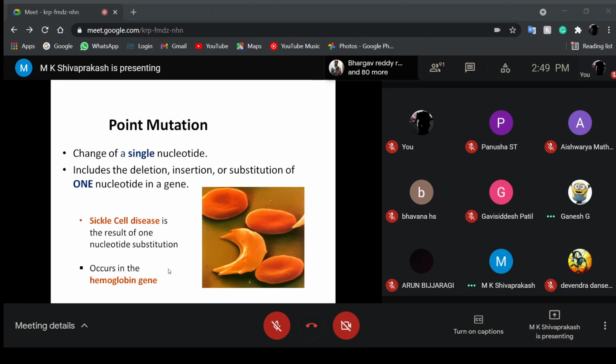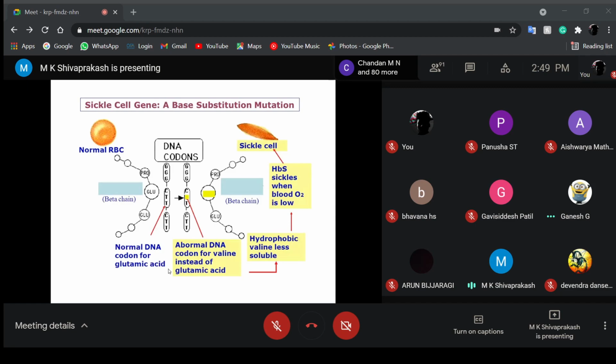Point mutation, where sickle cell anemia is the example. A small change in the hemoglobin gene results in sickle shaped red blood corpuscles. This sickle cell gene is a base substitution mutation, as shown here.